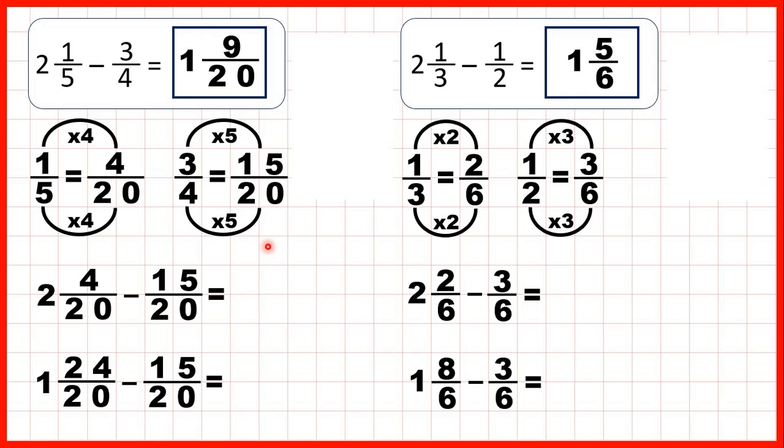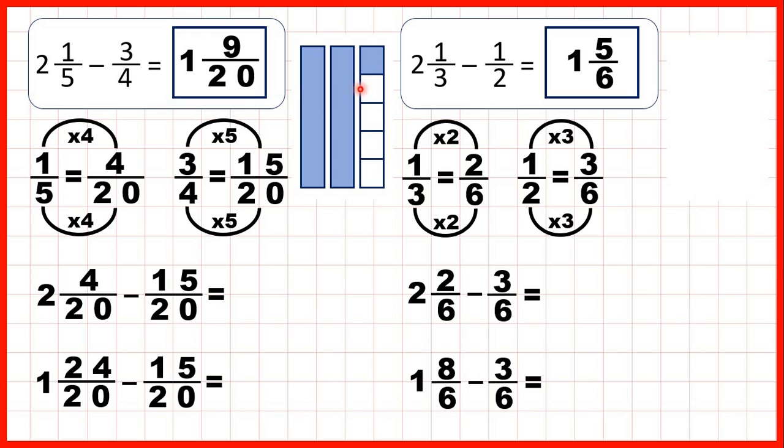Let's see the fraction bars so that we can see what we did here, especially when we exchanged one of our wholes to add the denominator to the numerator. So for this first question, we started with 2 1/5, but that's the same as 2 4/20. But we needed to subtract 3/4, which is the same as 15/20.